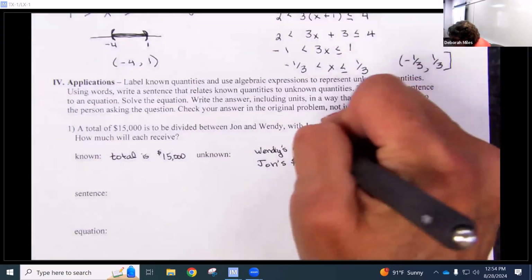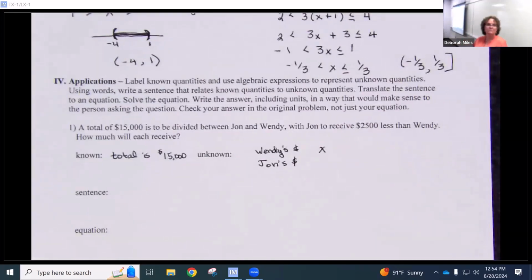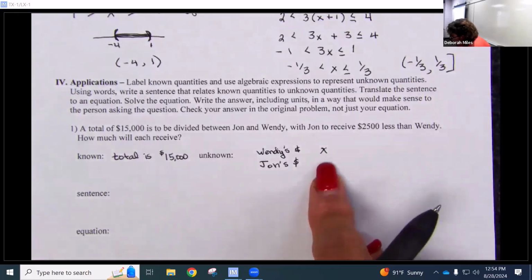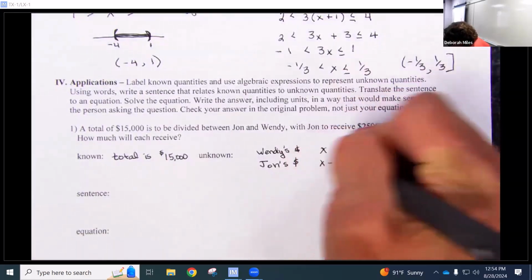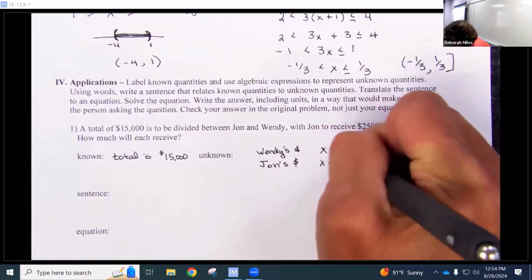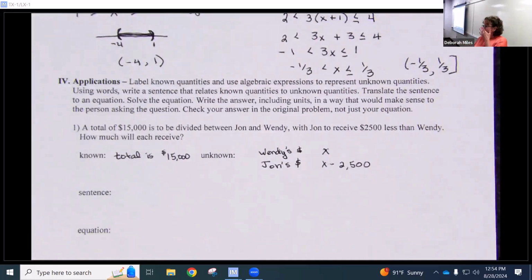That is what I let be X. X is something I don't know, and Wendy, I don't know anything about the amount of money she has. I know if Wendy has X dollars, then John has 2,500 less than that. So I'm going to call John's amount X minus 2,500.